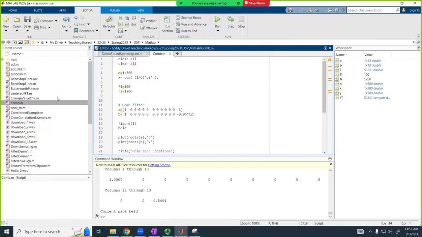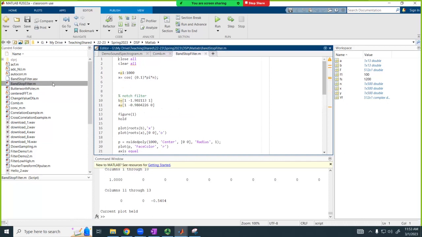So let's run this filter. These are IIR filters. It's too early to be confused. Wait 2-3 weeks and you're going to be like, oh, just remind me where we are now. We are in the IIR filter.